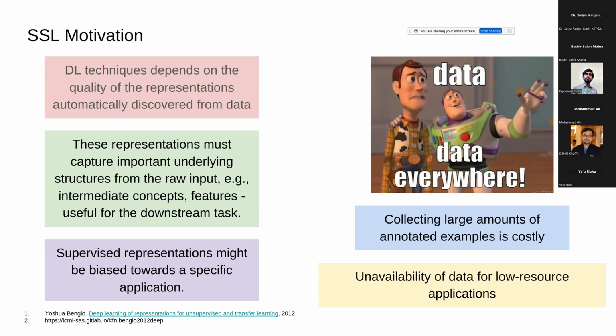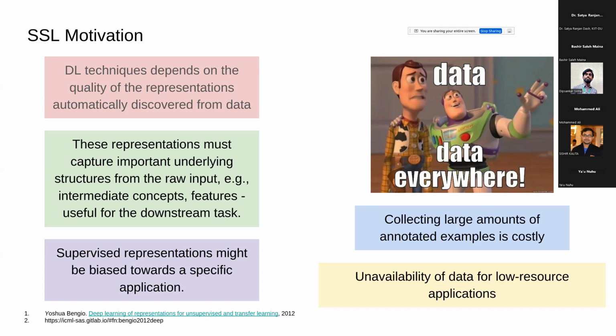Other things are there regarding supervised representations. For example, you want to train one model on a specific task. In the case of speaker recognition, if we use VoxCeleb data to get the representation, it will only be useful for speaker recognition.